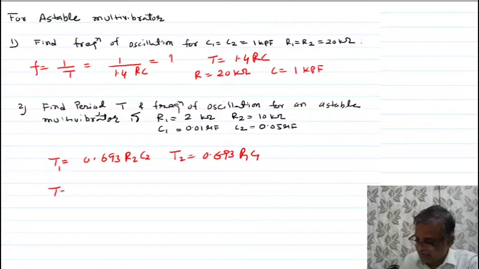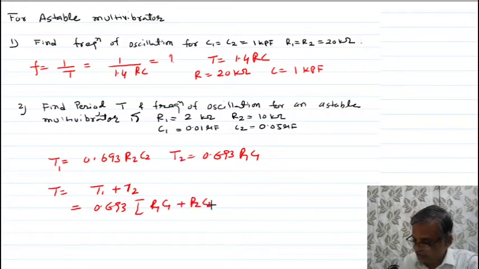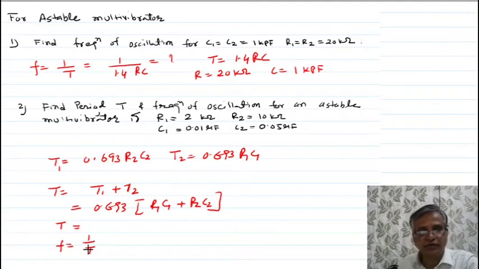So T is T1 plus T2, which I can write as 0.693 into bracket R1C1 plus R2C2. You can calculate this value and also calculate 1 by T, which is the frequency. You have to do this yourself.